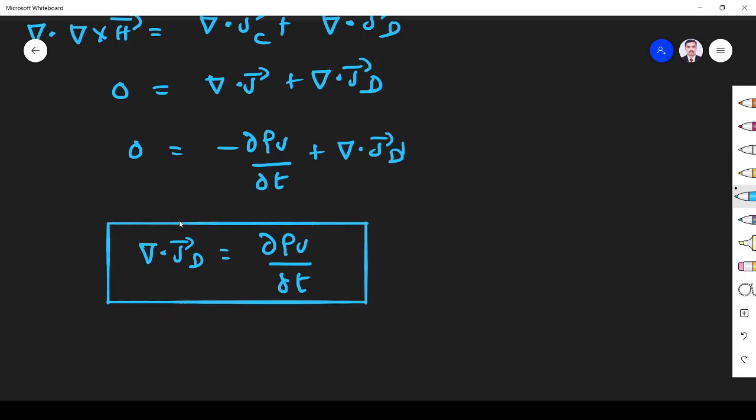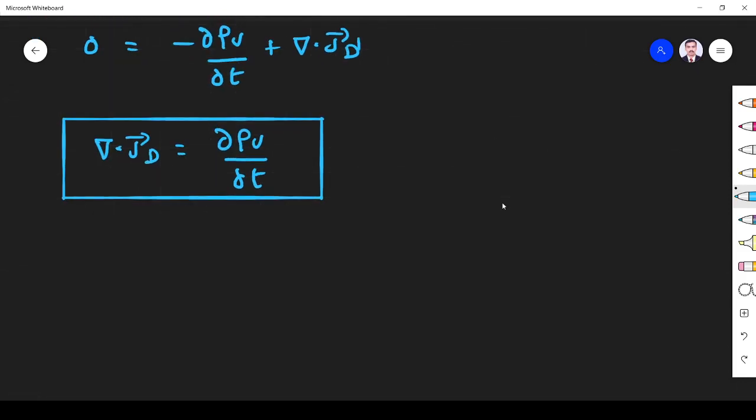Fine. So it's a volume charge as per Gauss law. Delta D is equal to rho V. So delta D is equal to rho V, delta D by dou T. Here it is del dot JD, right?